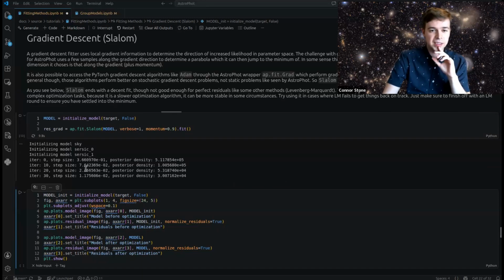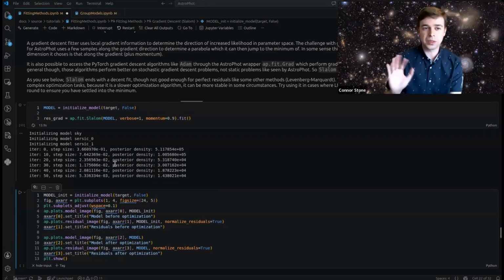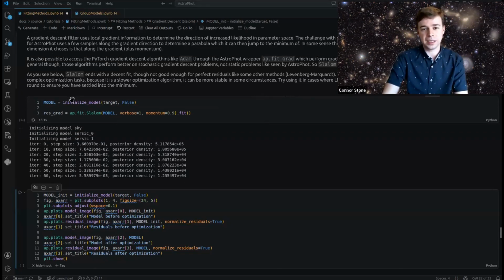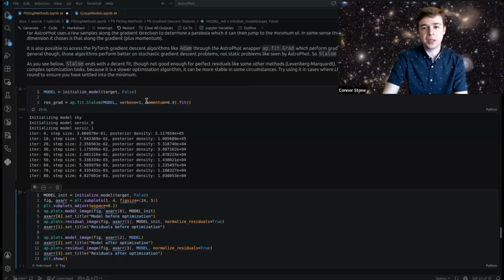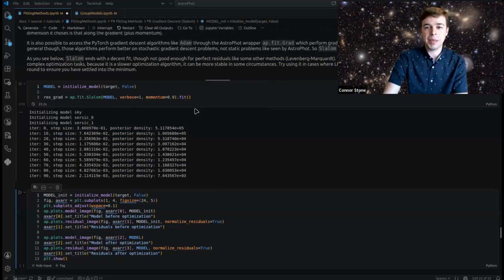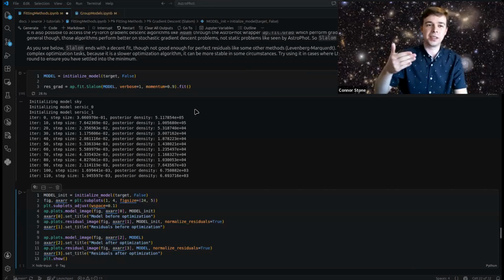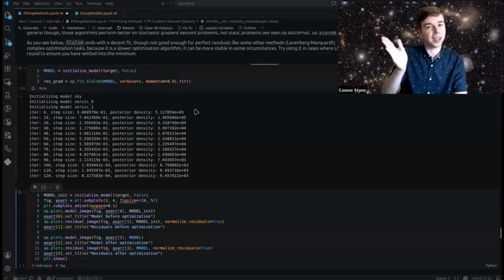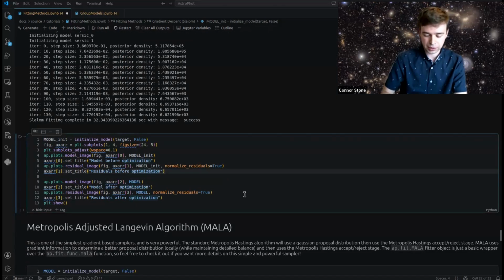It is obviously gonna take longer than the Levenberg-Marquardt because it's purely based off of the gradient information. There is a momentum parameter that you can include in there. The momentum helps it keep going faster when it is going in the right direction. But if it encounters a situation where the momentum is pushing it off course, it just kills the momentum and starts over. And just like that, it has finished running.